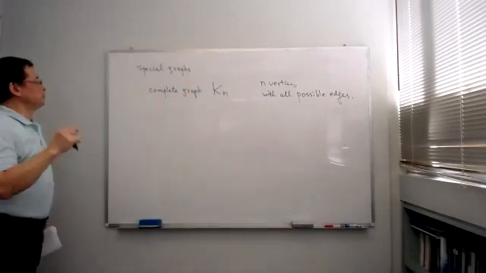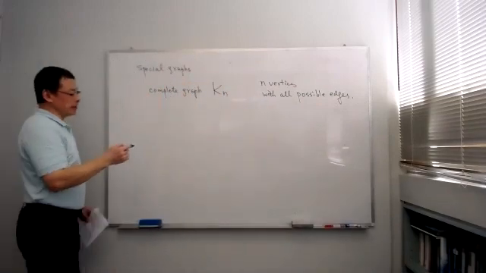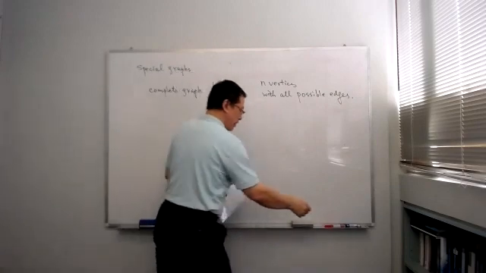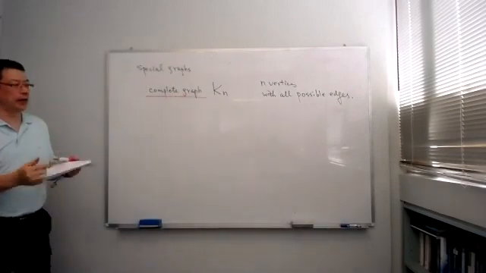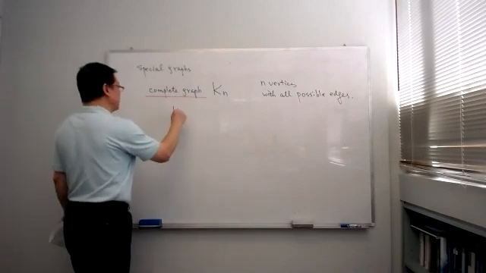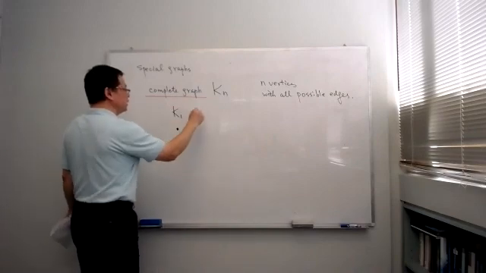The first one is the so-called complete graph. That's the most dense graph. It's called a complete graph. So K1 is a graph with a single vertex.